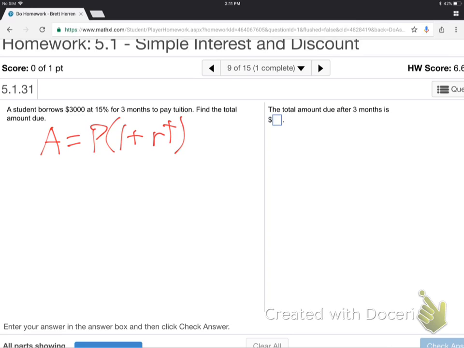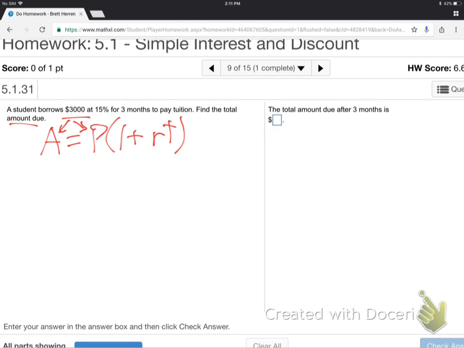All right. Now, you got to be clear on these questions. This class has a lot of word problems. So that's our formula. Now, got to be clear, which is that 3,000? Is that 3,000 the final amount? Is that the A or is that the P? It's not the A because they're asking me for the amount due, aren't they?